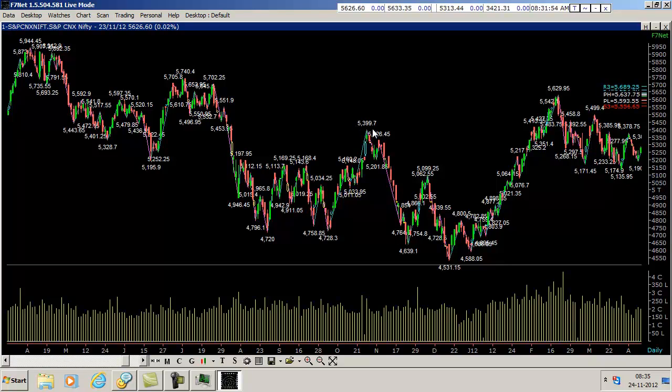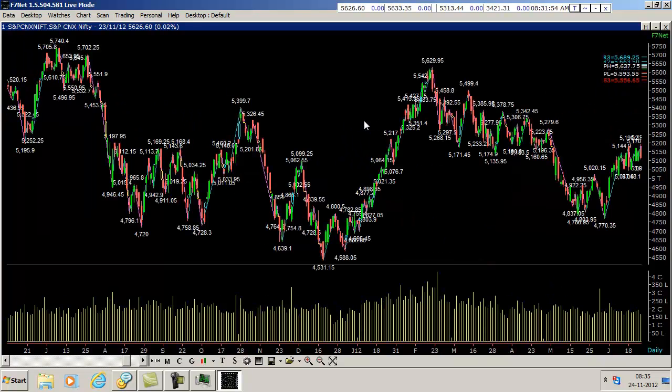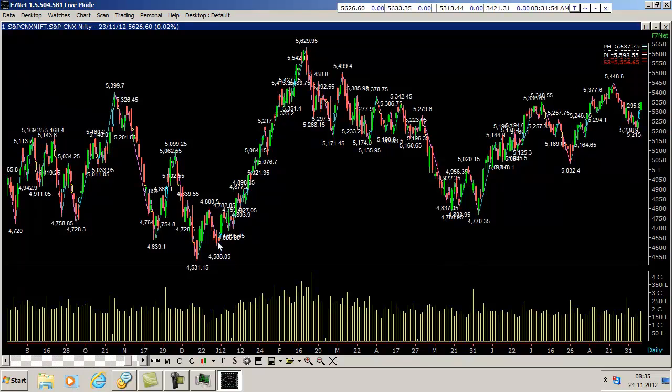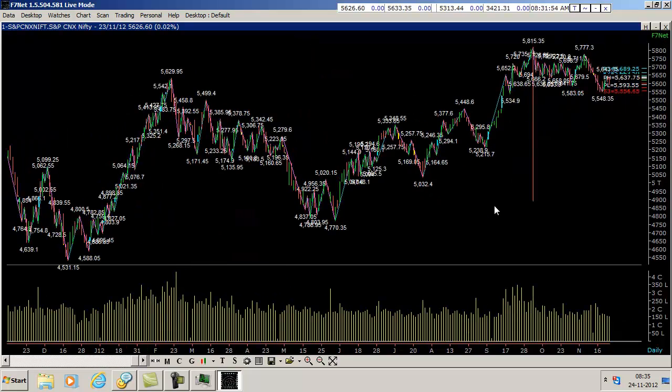This is the advantage that symmetrical theory gives you. It's not a lagging indicator. We are working directly on price. Now you see, based on this bottom and this top, you can predict what is going to be this bottom and this top.